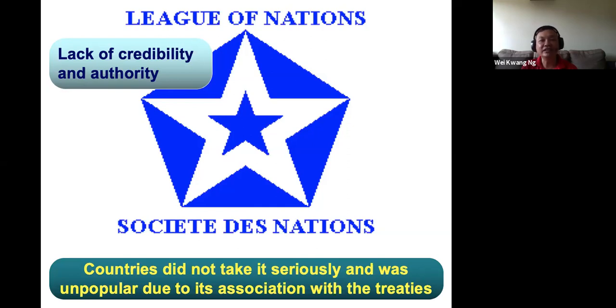All countries need to be represented. Therefore, a lot of countries, because of the lack of this authority and credibility, decided not to take it very seriously. So you have situations like what you see in the previous cartoon, where people are literally throwing things at the LON because the LON cannot command the respect of the people.